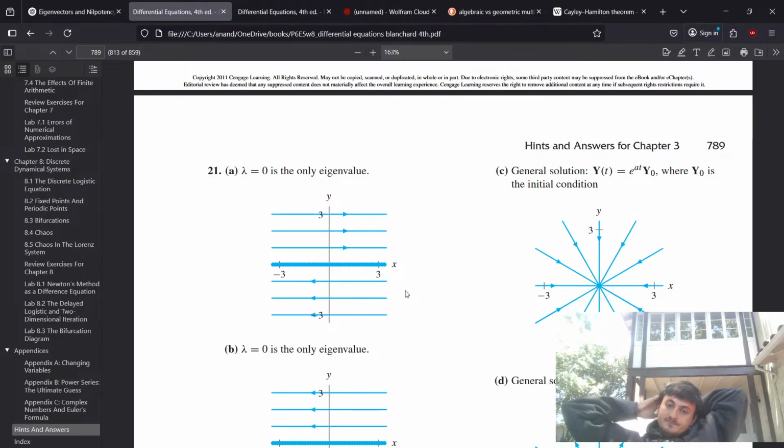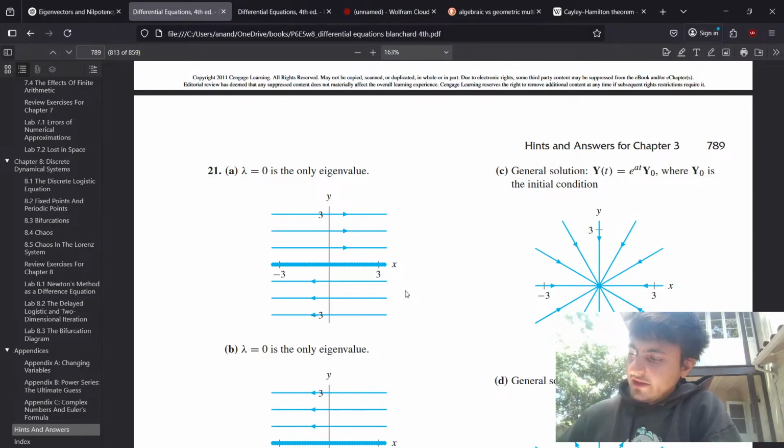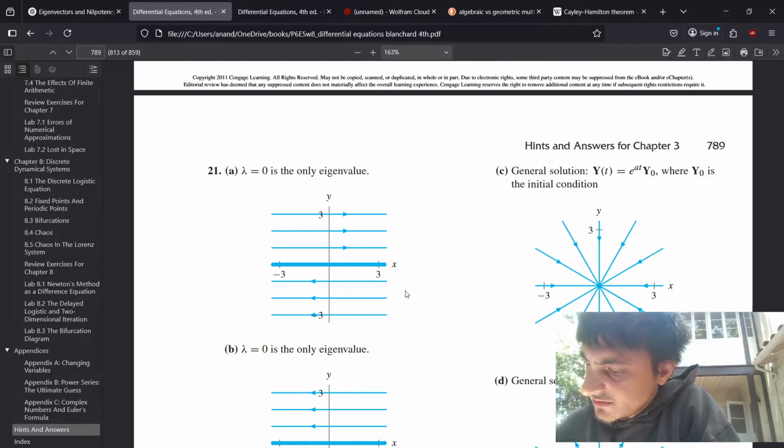I'm dumb. Yeah, because what I drew doesn't make any sense. I don't know why I made that mistake. It's kind of embarrassing.